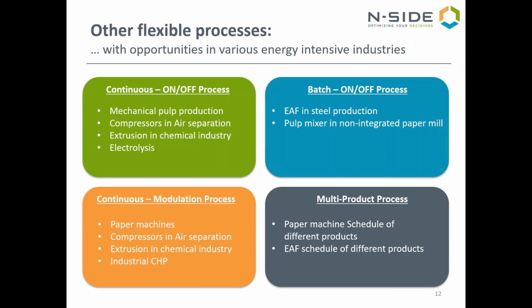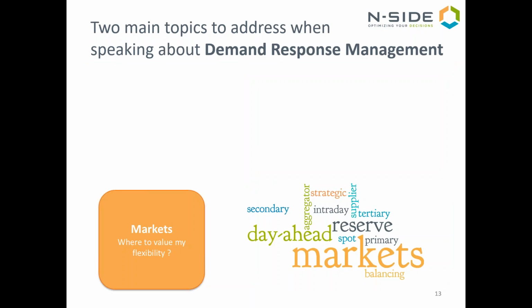There is really a lot of different processes that are flexible. So now I think that we have a clear view on the type of flexibility that we have. Now the question is, where am I going to valorize my flexibility and extract the most value from it?